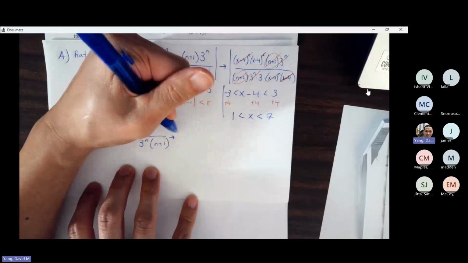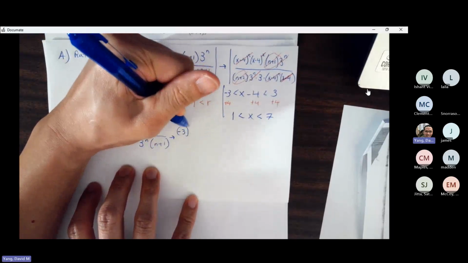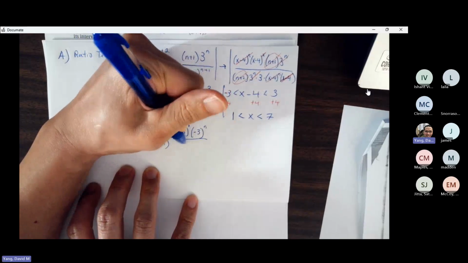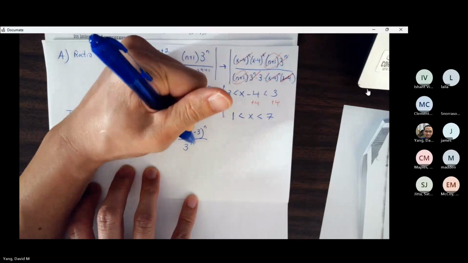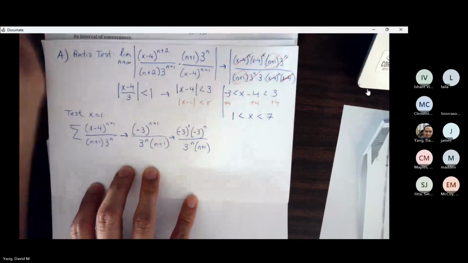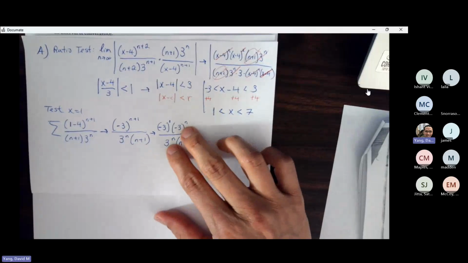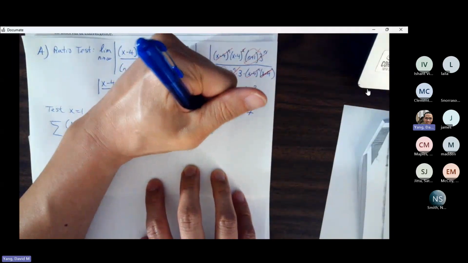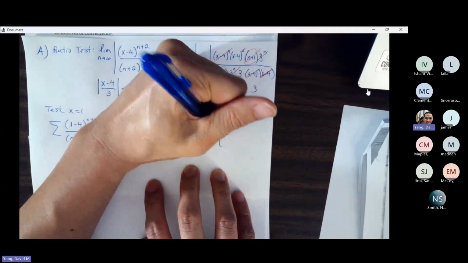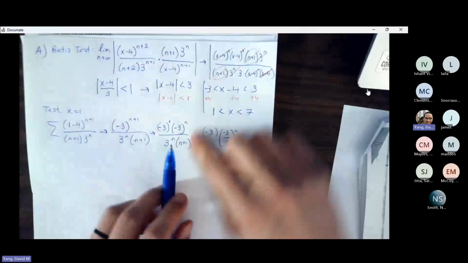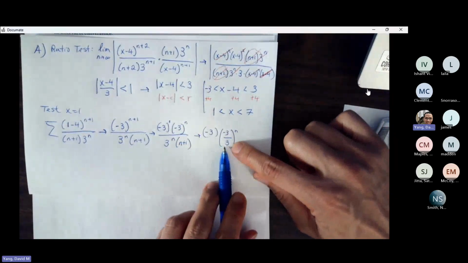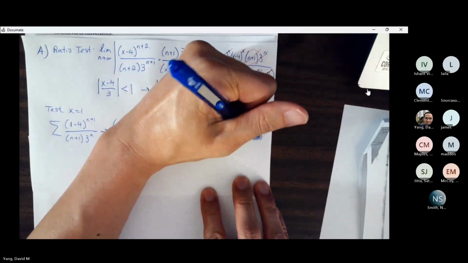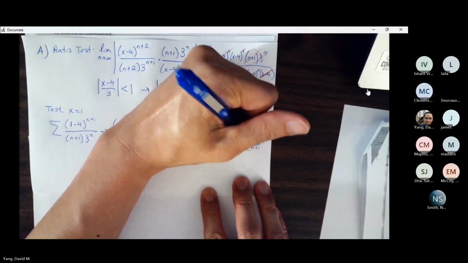Now this is the same thing as negative 3 to the first power times negative 3 to the n. Negative 3 to the n and 3 to the n are both sharing the same exponent, so I can think of it as negative 3 to the first power times negative 3 over 3, all raised to the n. So this really just becomes negative 1 to the n, and I still have the n plus 1 sitting there.